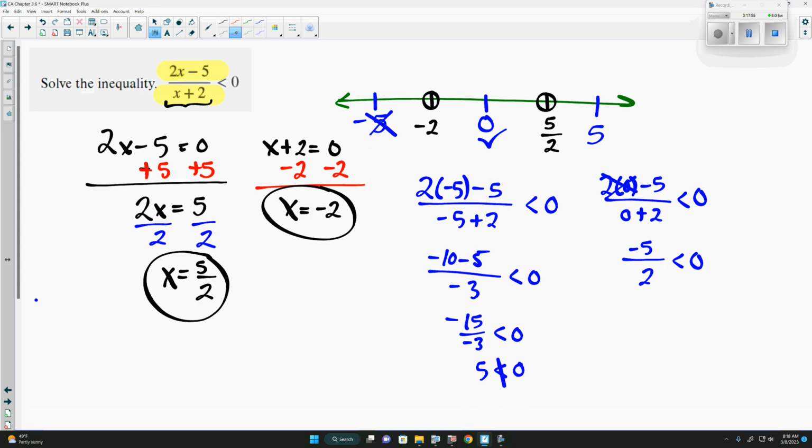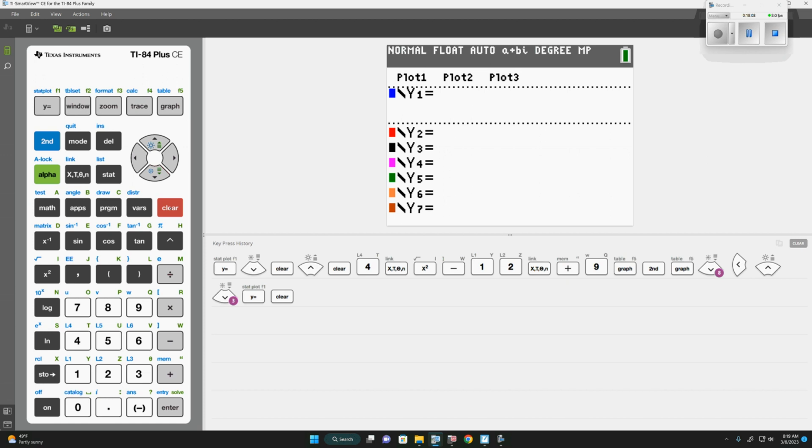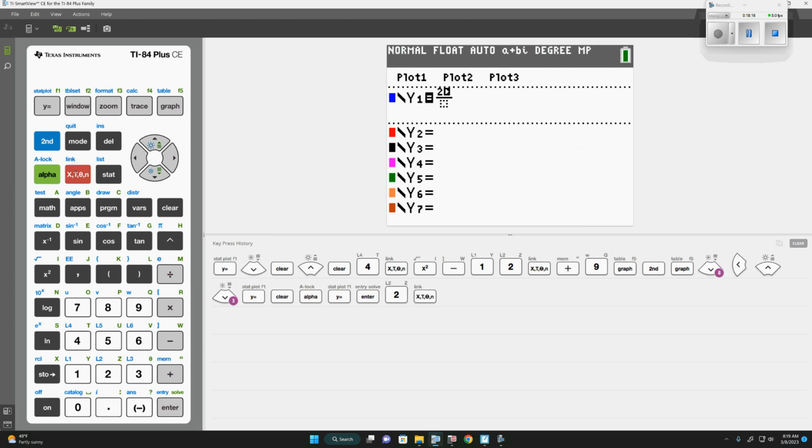And what that brings us to at the end is checking for 5. We want to see if 5 works. Now at this point here, we've done most of this by hand. I want to show you how to do this by the graphing calculator also. So we can start off with alpha, y equals enter. 2x minus 5 over x plus 2.